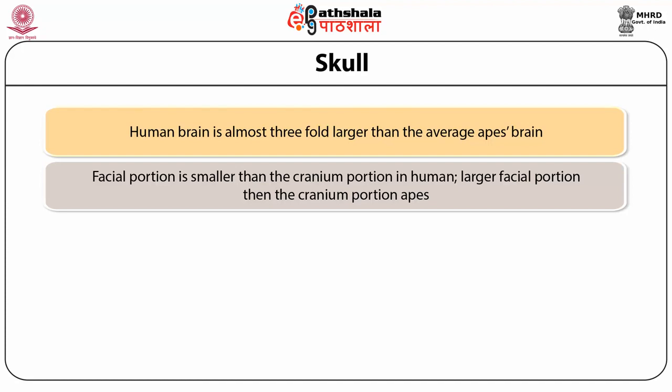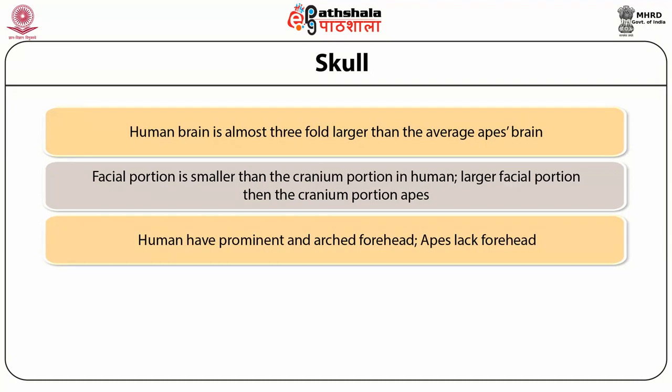In humans the face also becomes more vertical than that of apes. Humans have a more prominent and arched forehead. Apes lack a forehead. The frontal and the parietal tuberosities are well marked in the human cranium compared to that of apes.